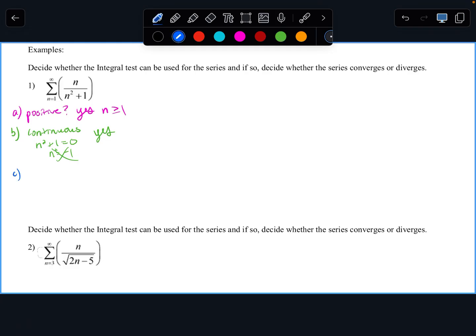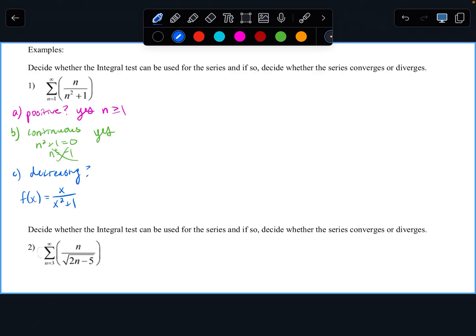This is my least favorite. Decreasing. Yeah, like how do you decide if it's decreasing? Set your equation equal to f of x and change it to x's.